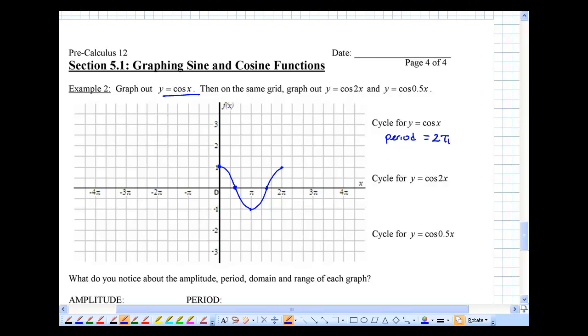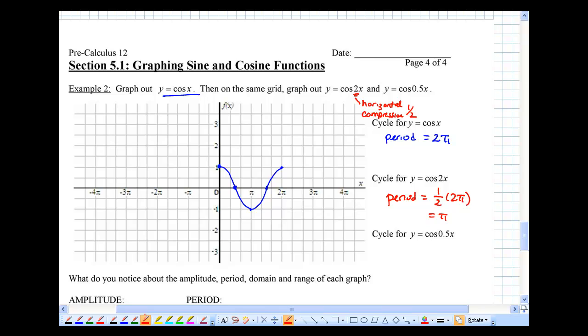Notice that in this case, the period or the cycle is equal to 2 pi. When I graph out cos 2x, this 2 represents some sort of horizontal what? Is it compression or expansion? Remember, it's opposite, so this is compression by a factor of 1/2. Now think about what happens to my period when I compress it by a factor of 1/2. My period should also shrink. 1/2 times 2 pi just gives us pi.